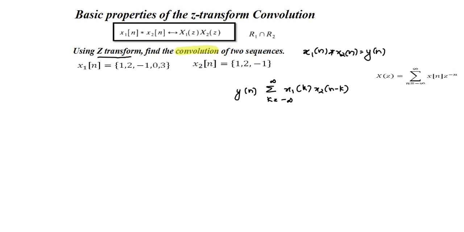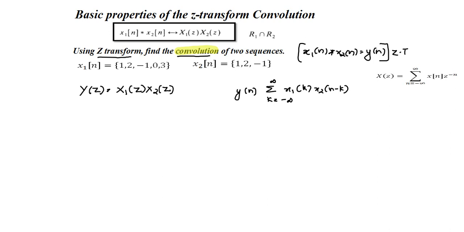We need to take the transform of this equation. So it becomes y of z equal to x1 of z into x2 of z, by the convolution property.